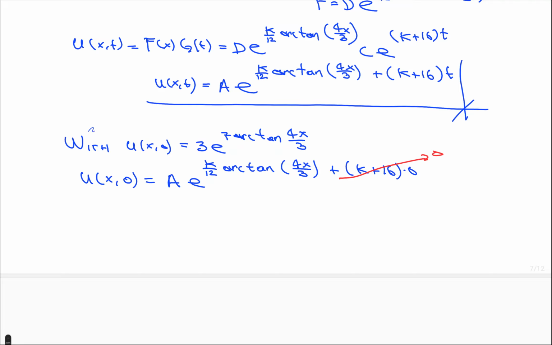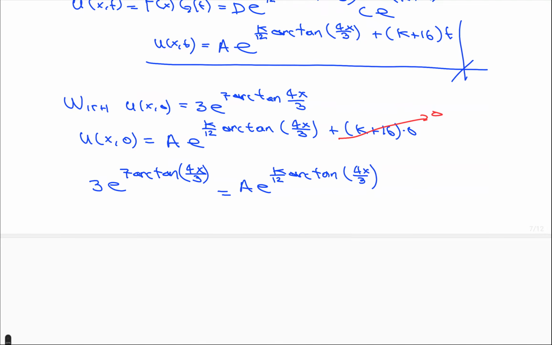So u of x,0 gets replaced with 3 e to the 7 arctan of 4x over 3 equals a e to the k over 12 arctan of 4x over 3. All right, at this point, we can equate coefficients, the coefficients of the exponential and of the arctan, because we have the same argument.